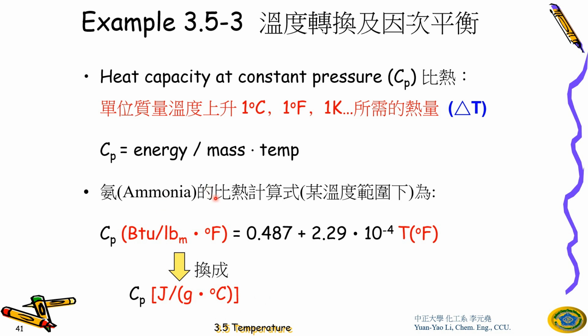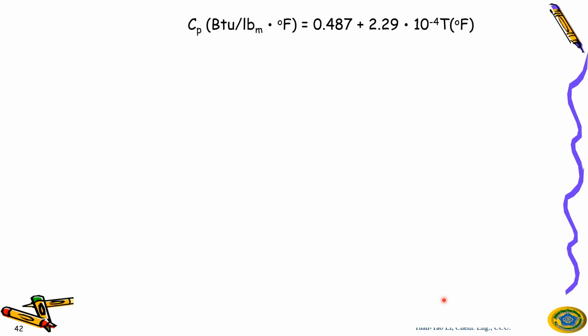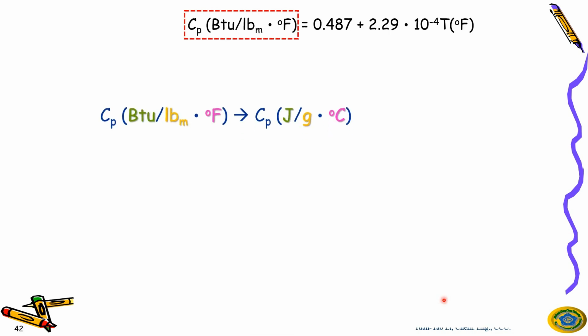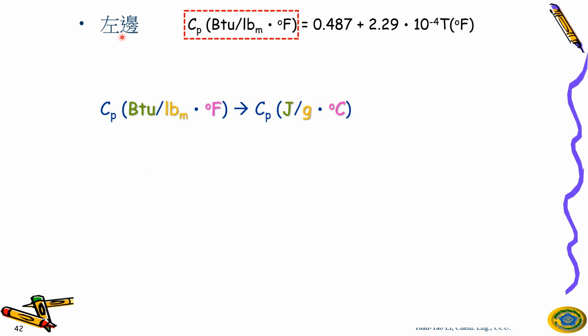Okay, so the key is you need to change this to this from both sides. As I just told you, this is the unit, this is the value. So you have to change the units on the left-hand side.